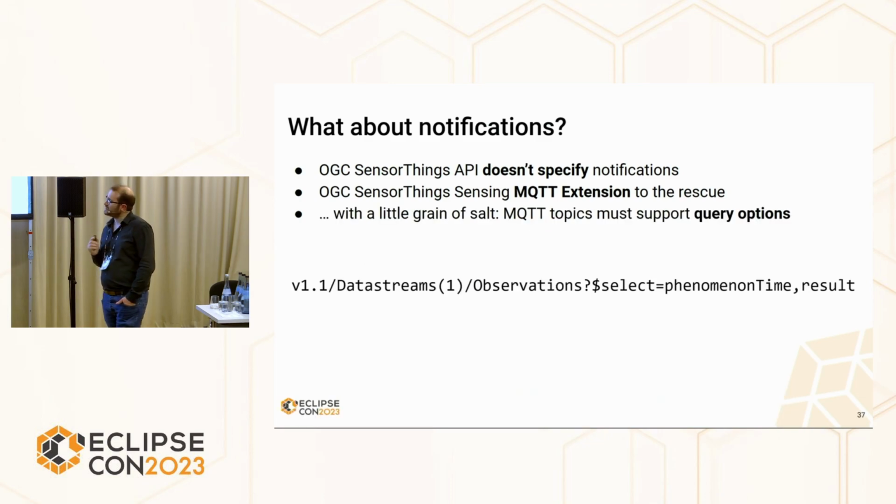The only thing is that the query options are inside the topic, which means that if someone wants to select just 1 or 2 fields in the result JSON, that information is given in the topic. So we cannot do the simple thing, sending data to that topic and letting the broker work with that.